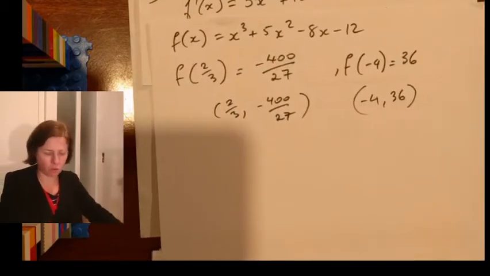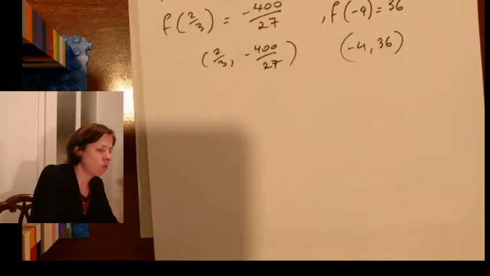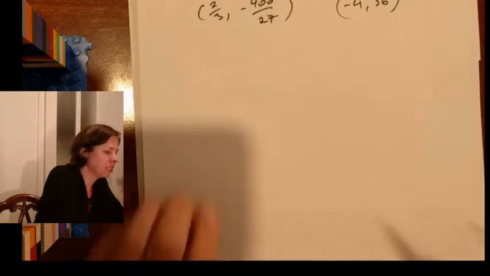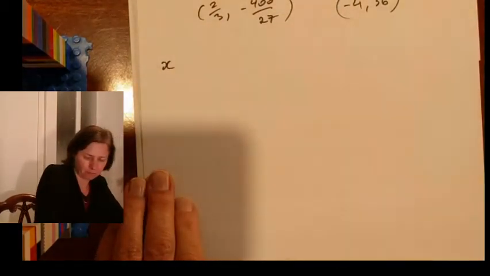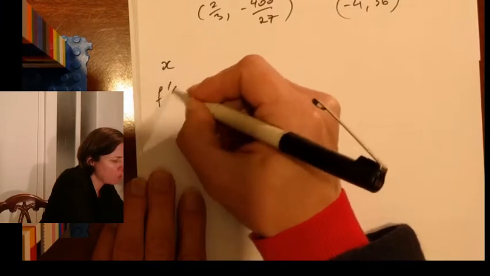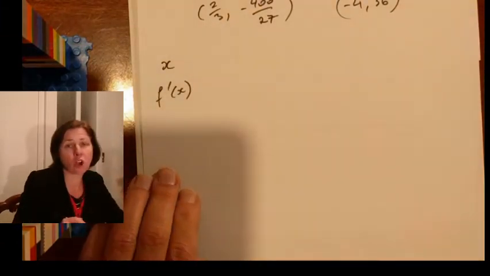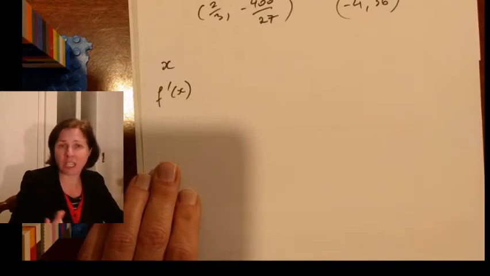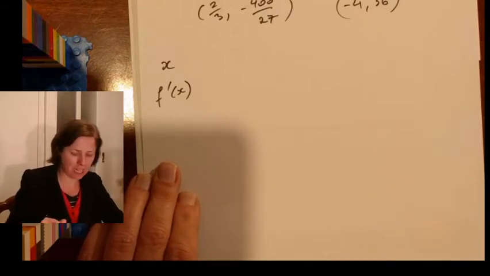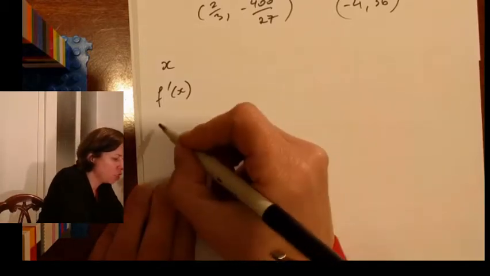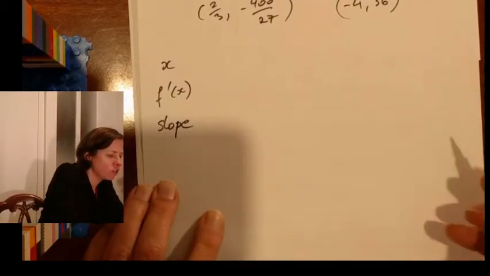So I'm going to draw myself a quick gradient table. And what I do there is I'm going to start with my x value, and then I'm going to work out whether my f dash of x value that corresponds to x is positive or negative. That's all I need to know. I don't need to actually know what value it is. And then I'm going to just make a quick sketch of the slope.